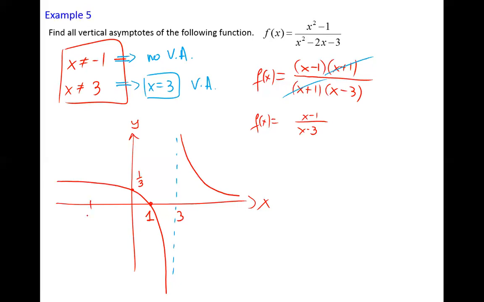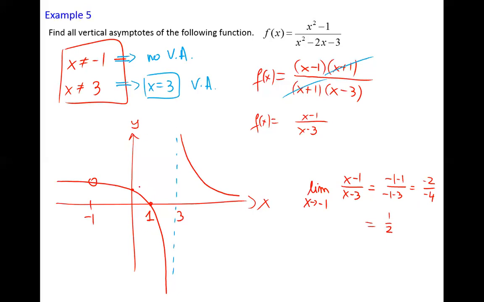And also for negative 1, we do not have the value. I can draw an open circle, and I can simply compute how the function behaves at negative 1. (x minus 1) over (x minus 3), direct substitution will tell me negative 1 minus 1 over negative 1 minus 3, negative 2 over negative 4, it's simply half.